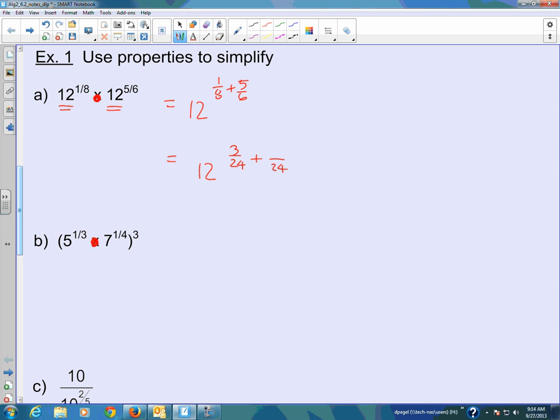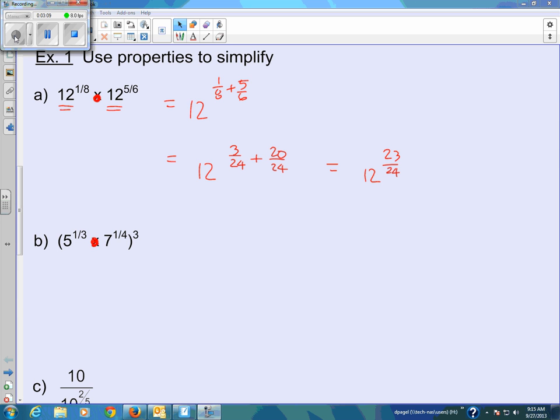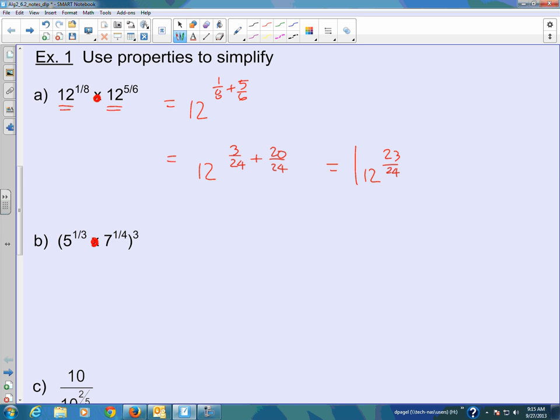How do I make the 6 become a 24? We multiply by 4, and do the same thing with our 5. And we finally get 12 to the 23/24 power. We can go ahead and leave that alone.